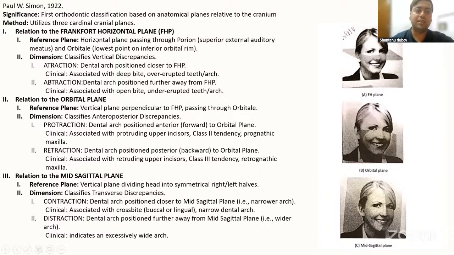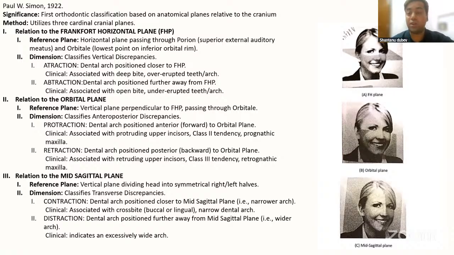Now, to understand, let us ignore the Frankfurt horizontal plane for now and focus on the orbital plane and mid-sagittal plane. For the orbital plane, we have to imagine whether the tooth is moving towards the plane or away from it. If the tooth is moving towards the plane, don't we call this retraction of the incisors?